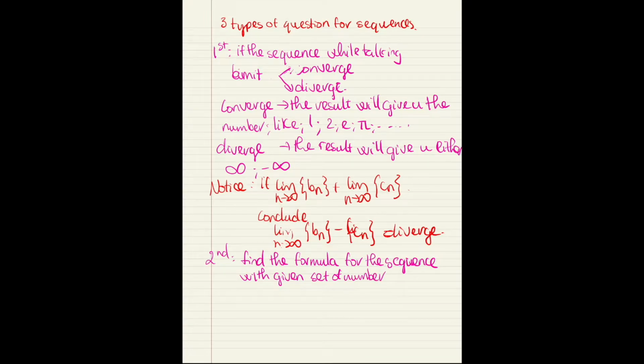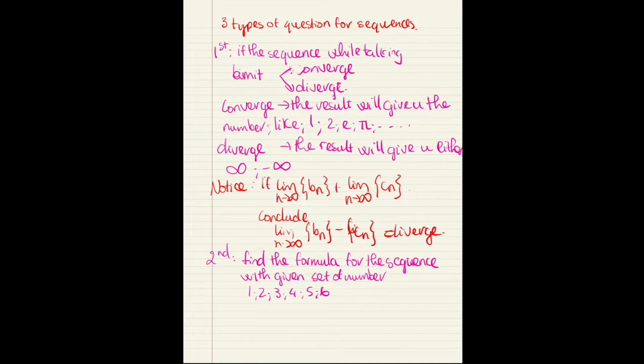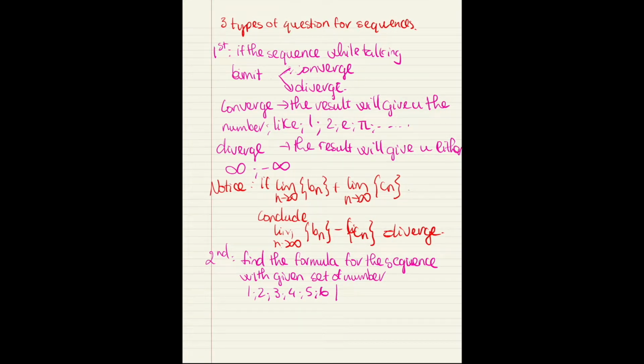For example, they are going to give you a sequence like 1, 2, 3, 4, 5, 6. Then the formula of the sequence is just n plus 1. That's all. Sequence d n equals n plus 1.